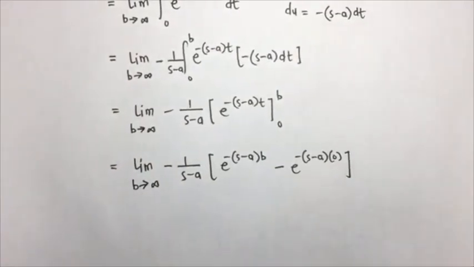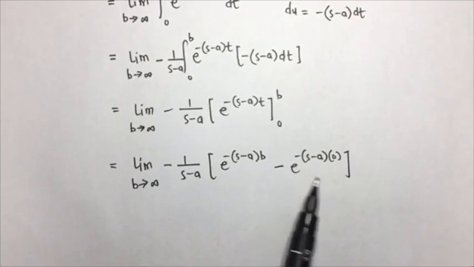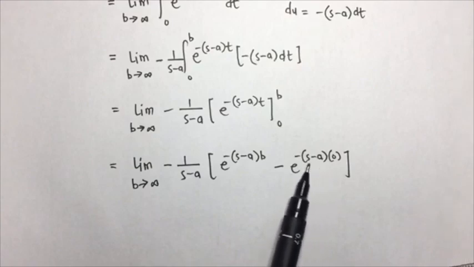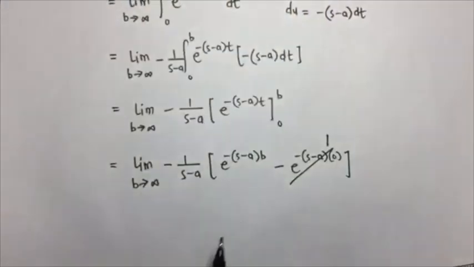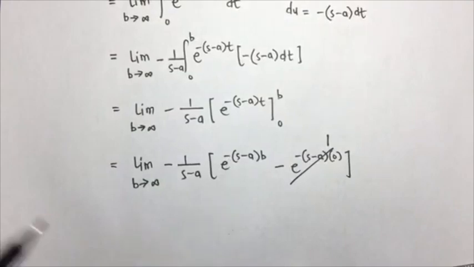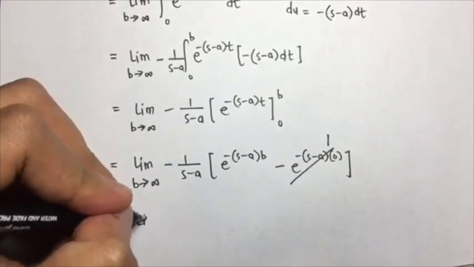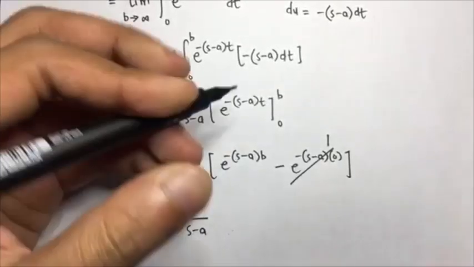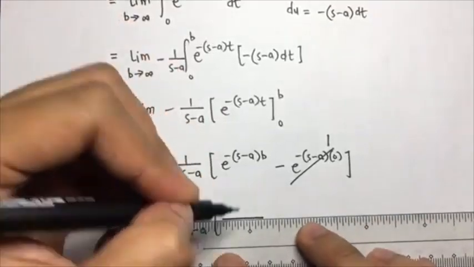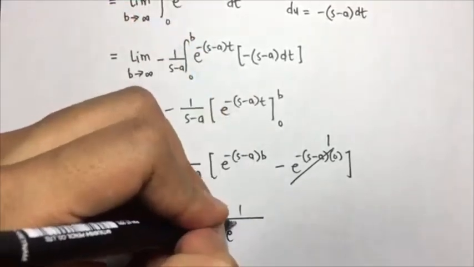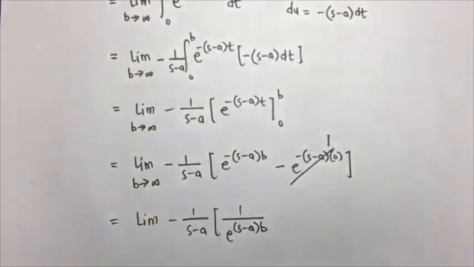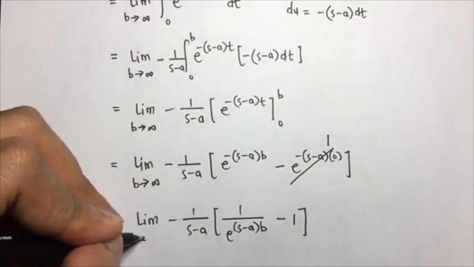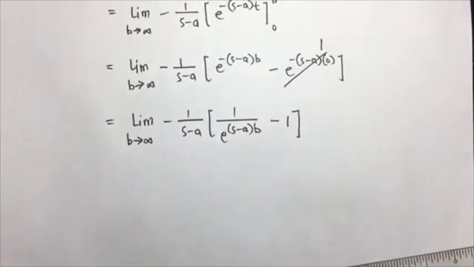Okay, similar to earlier, the second term will become 1, because we have e raised to 0. We can rewrite the first term, so this is the limit of negative 1 over s minus a, times 1 over e raised to s minus a times b, minus 1, as b approaches infinity.